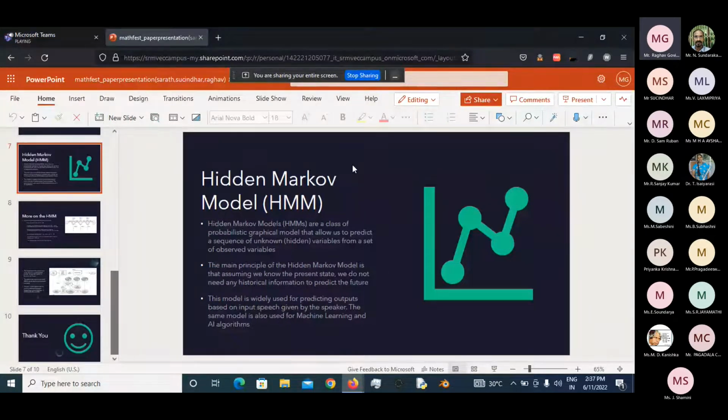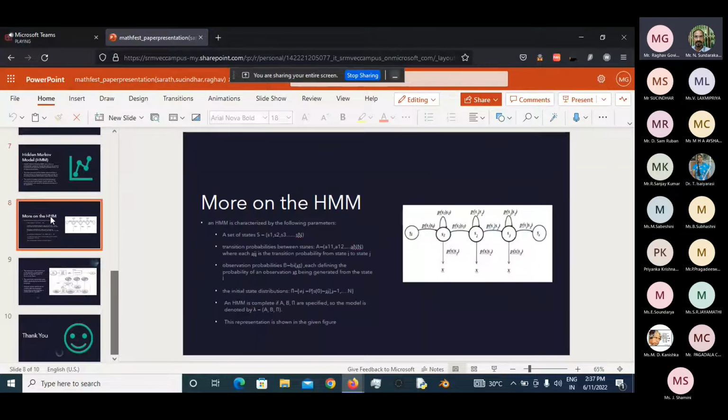The main principle of the hidden Markov model is that assuming we know the present state, we do not need any historical information to predict the future. This model is widely used for predicting outputs based on input speech given by the speaker. The same model is also used for machine learning and AI algorithms.